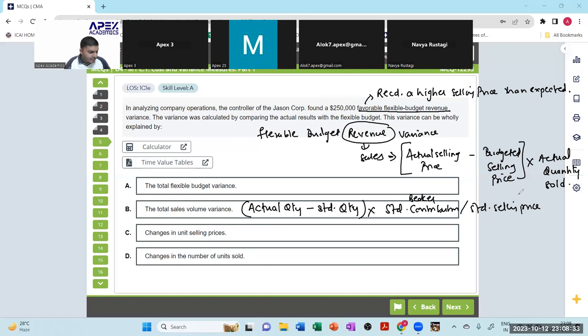Total flexible budget variance. It is total.